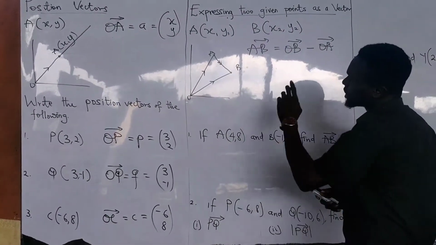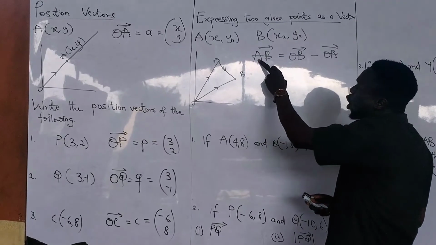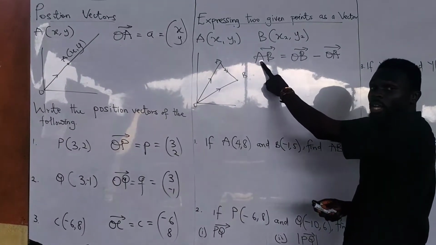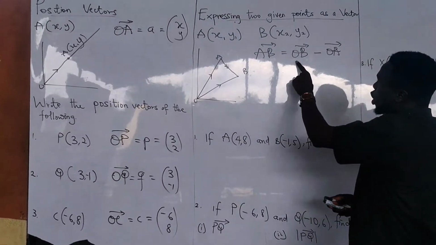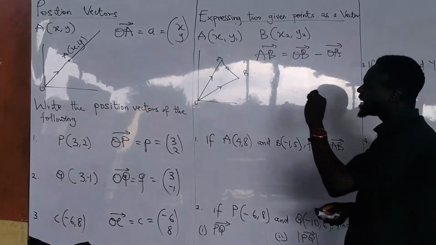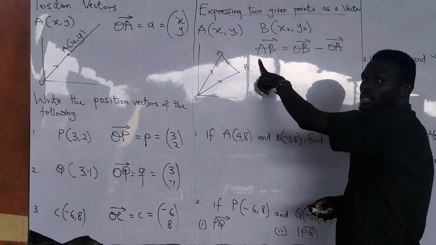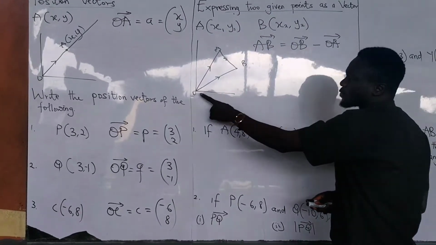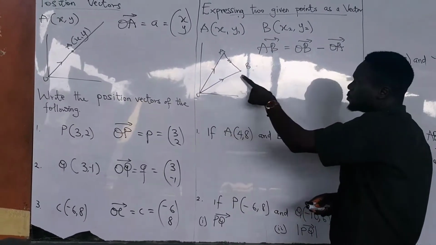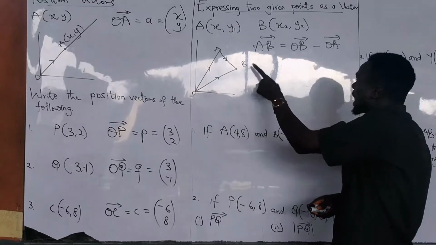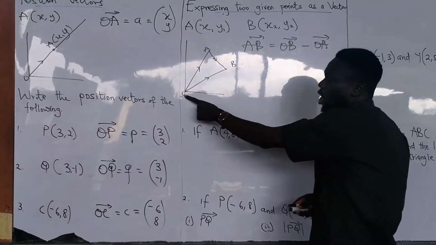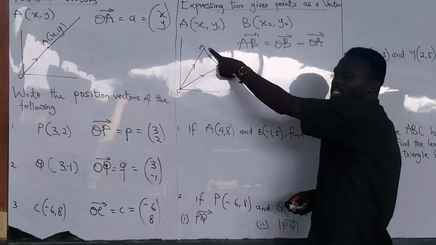So I am going to subtract the vector OA from OB. OB is the second point, and OA is the first point. OB means we are moving from the origin to the point B, and OA means we are moving from the origin to the point A.